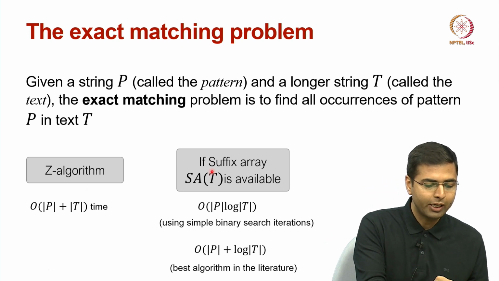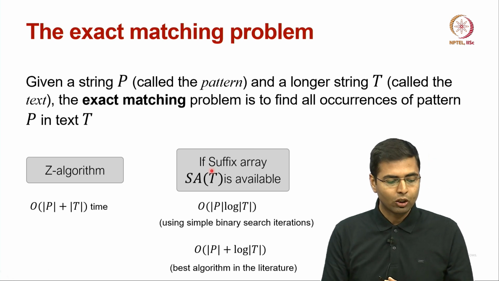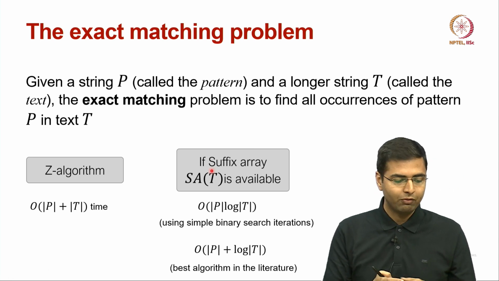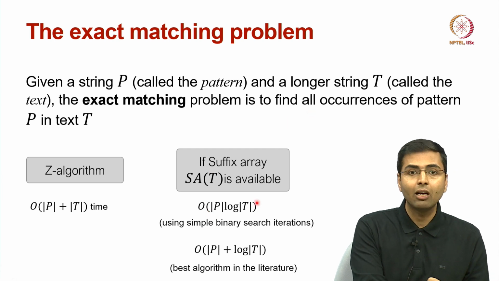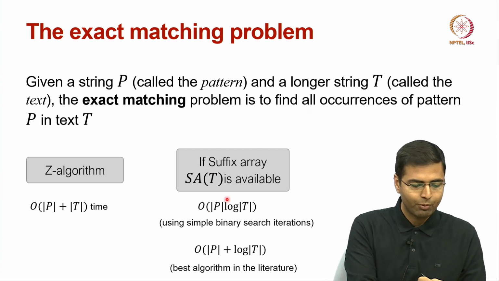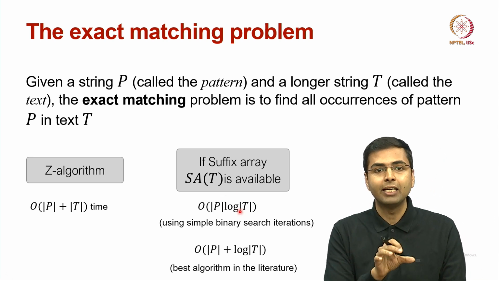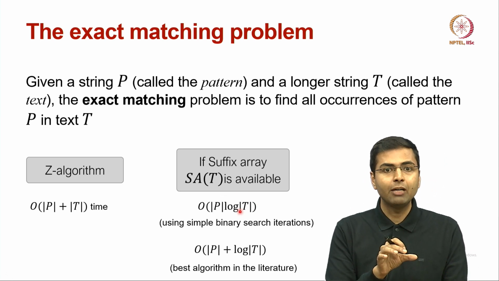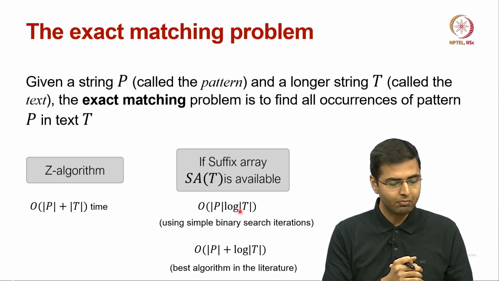So we built the suffix array data structure. Using it, the same problem can be solved in p log t time, because the complexity with respect to t is now sublinear, and that is important because the text size can be very big in biological applications.